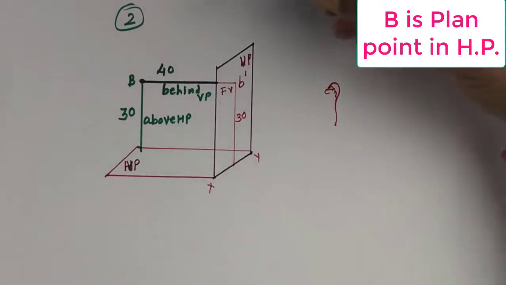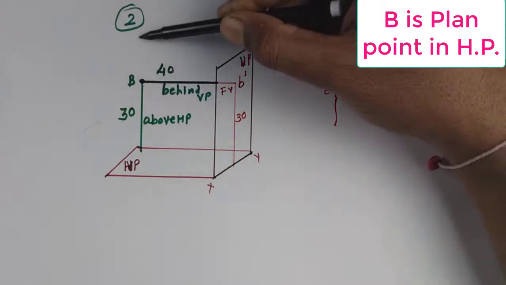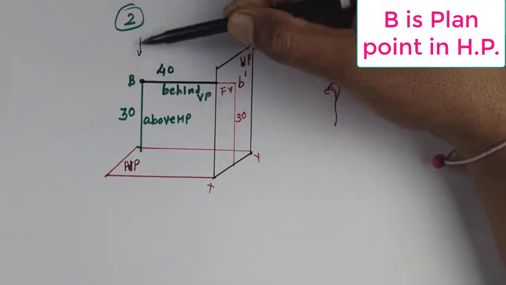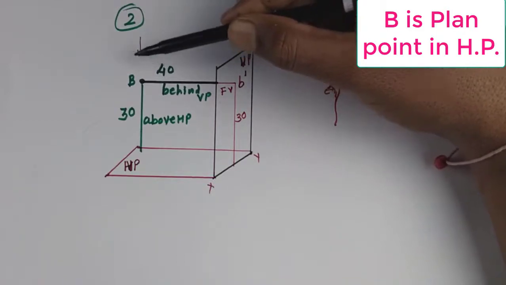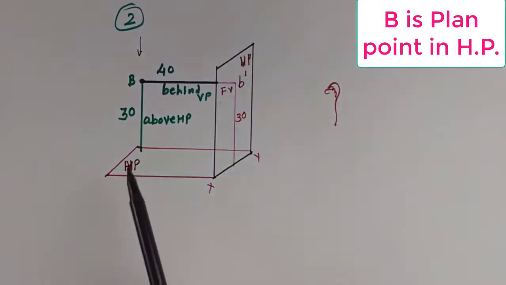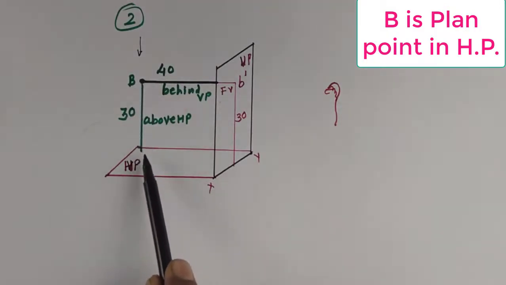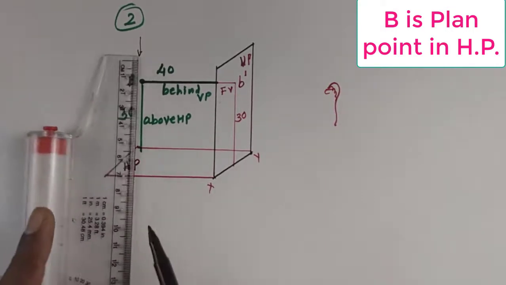Now the observer observes the point B from the top view orientation. The projection of point B goes on the HP plane as a plan point.